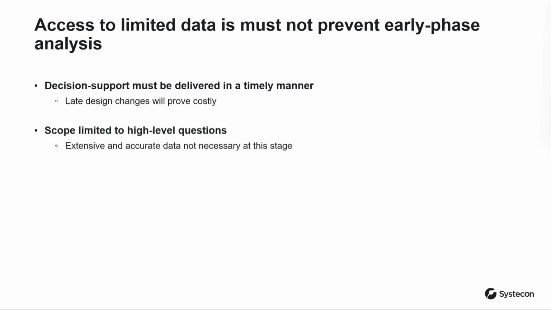Typically, at this stage, you would like to answer high-level questions related to system design or support system design. And for this, you must not have precise data. The results, as you saw, seem to be quite robust to changes in the input data, and even though we can expect the results to vary, the variation does not have to influence the final decision.